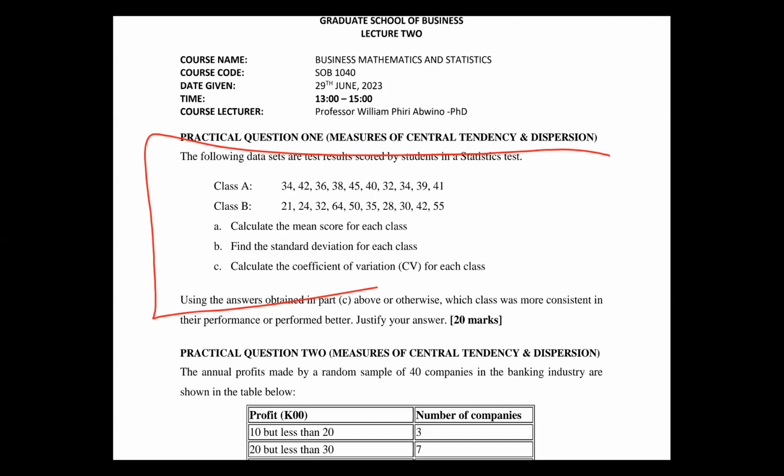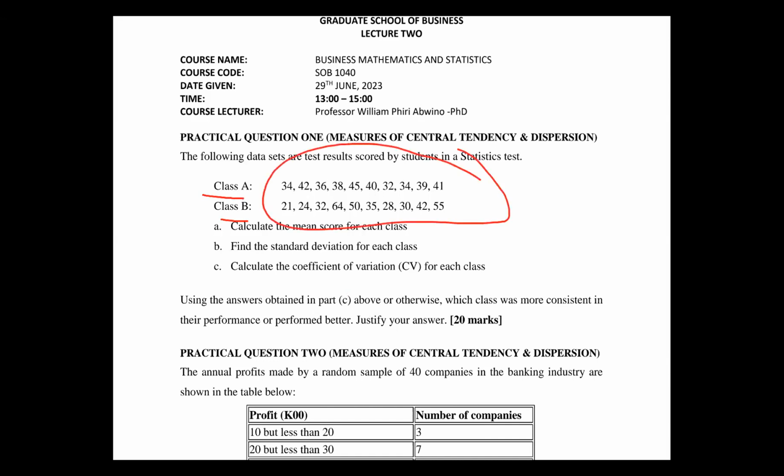The example reads that you have the data set of the test results scored by students in a statistics test. And so we have two classes, class A and class B, and these are the results. From the data given, we are asked to calculate the standard deviation and the coefficient of variation for each class.